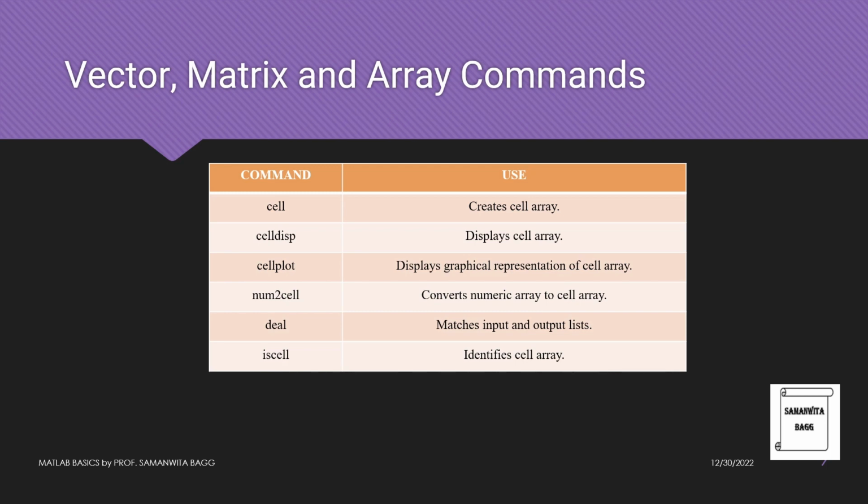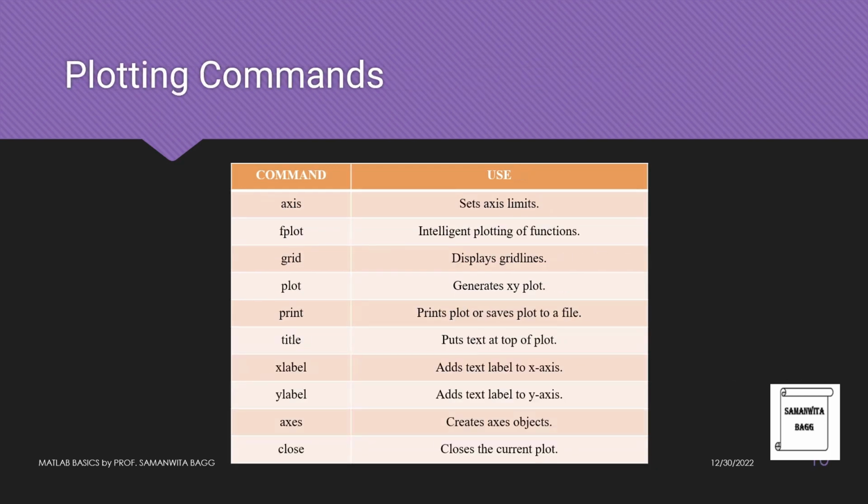When we are going to write commands, I'll show you the application. Next, when I talk about plotting, I have some values and I want to plot. So these are the commands which are used. One is called axis, it will set the axis limits. Fplot will show some intelligent plotting of functions.